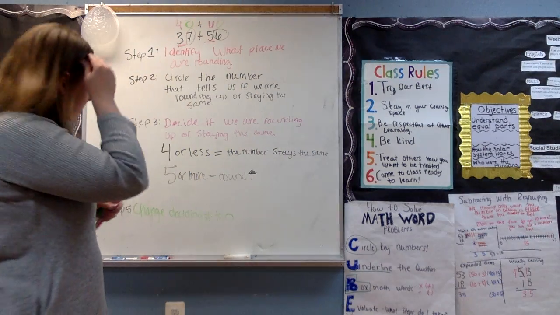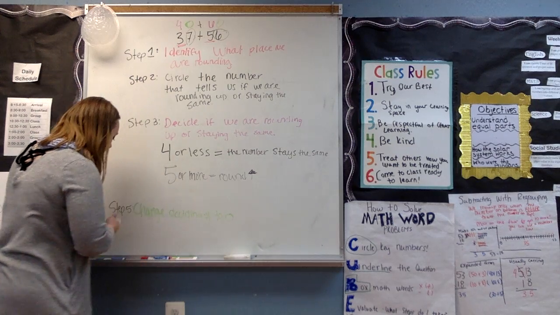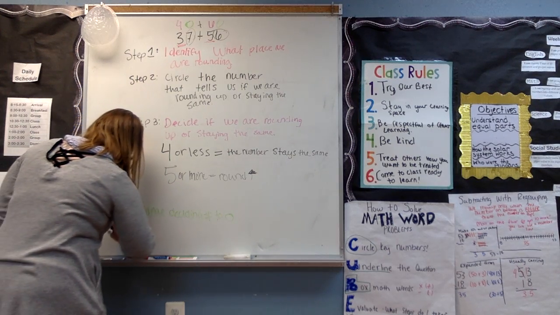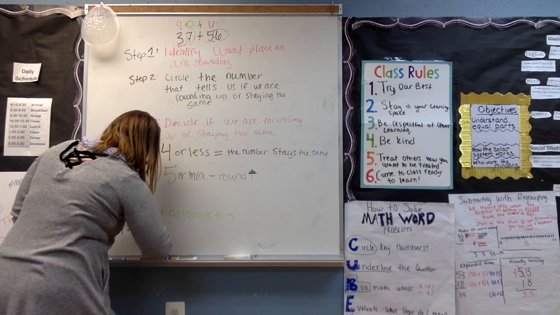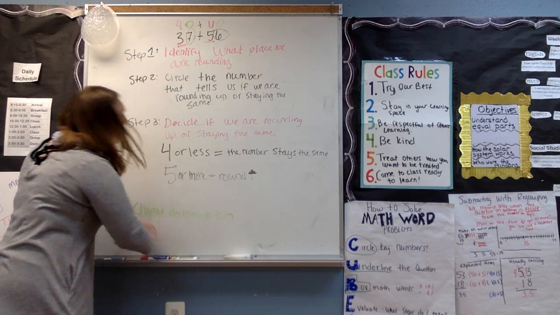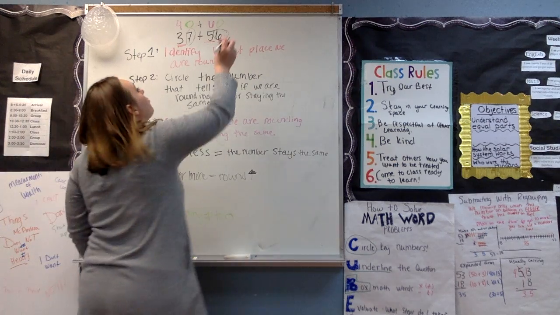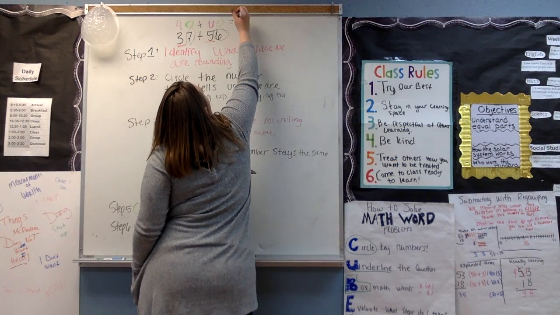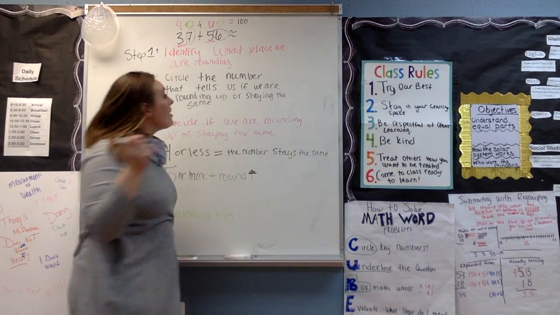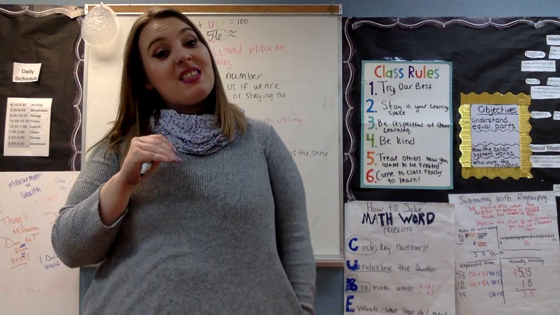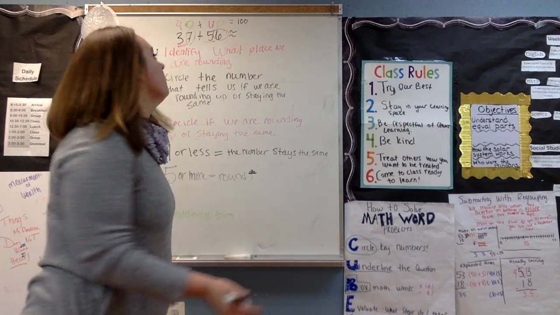And then our final step, step 6, solve. Right? Solve. 40 plus 60 is 100. So we're going to make an approximate sign. 37 plus 56 is approximately 100, right?